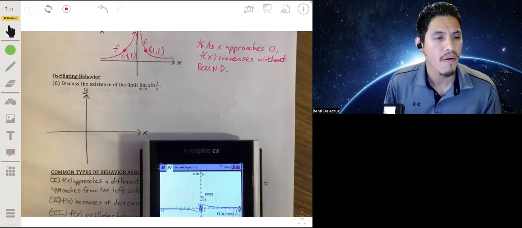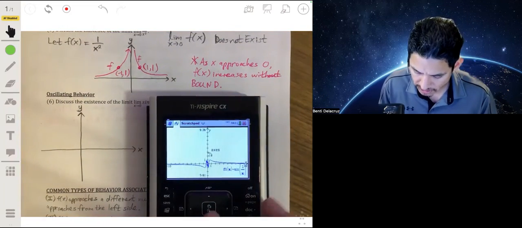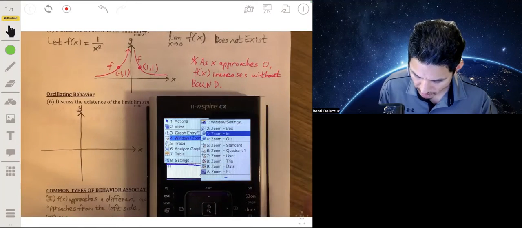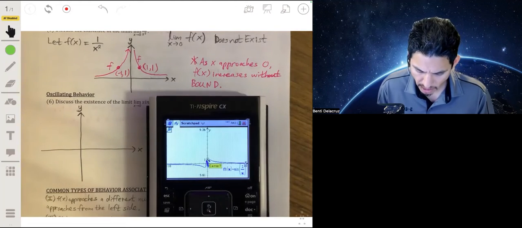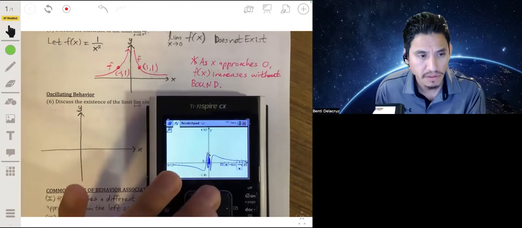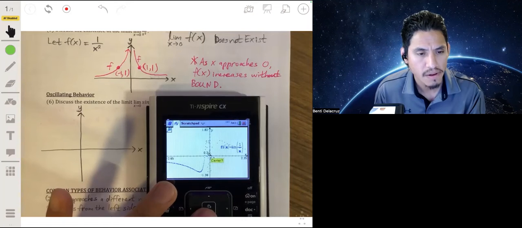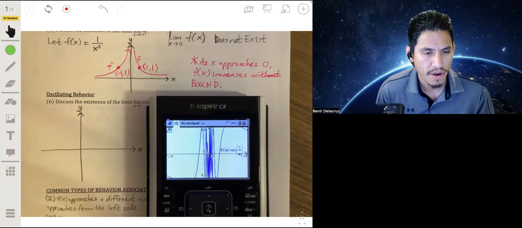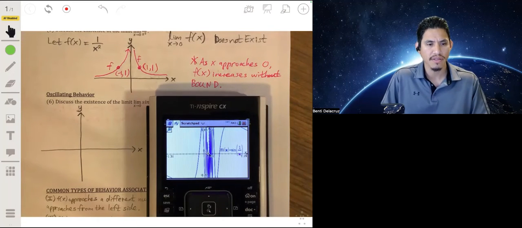Now, if we look at this graph, you can see it does something strange. Let's zoom in at the center first to see what's going on when x is 0. Zoom in again, zoom in some more, and you can see this graph does this crazy thing where it bounces up and down.